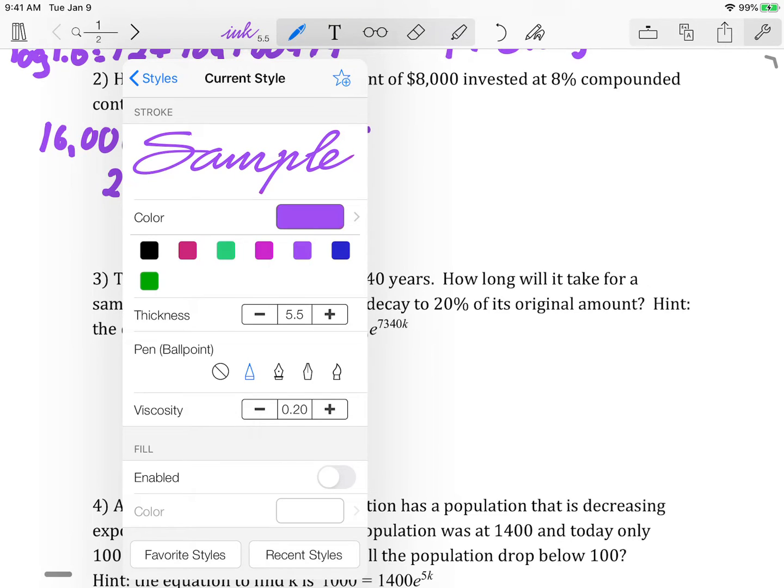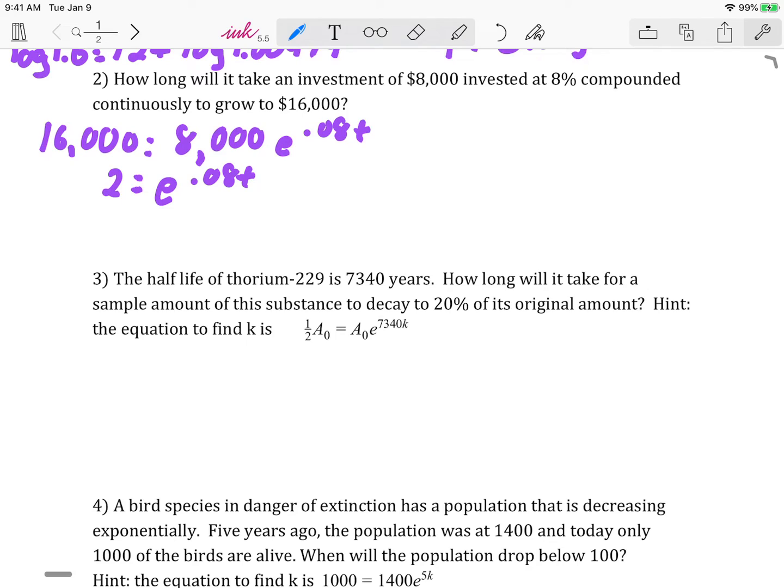And now, because it's an e, instead of using log to get 0.08t onto the line, I'm going to use natural log. Well, what's the base of a natural log that you don't really see? e. And if I said natural log, base e of e, that says e to the what is e? Well, that's 1.